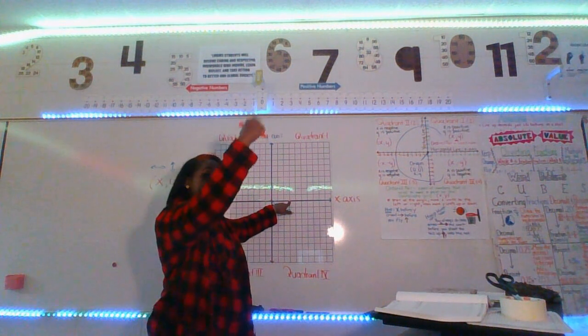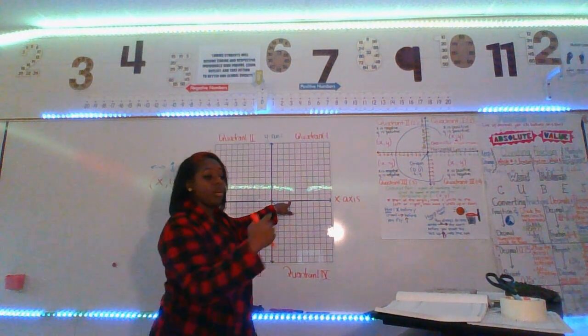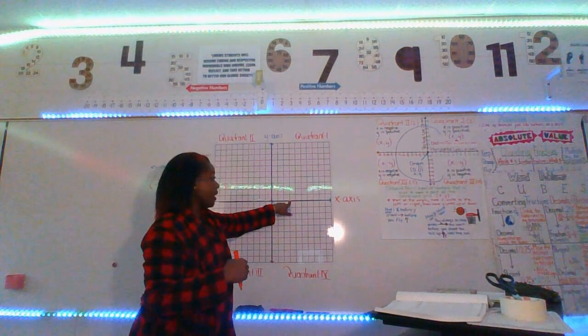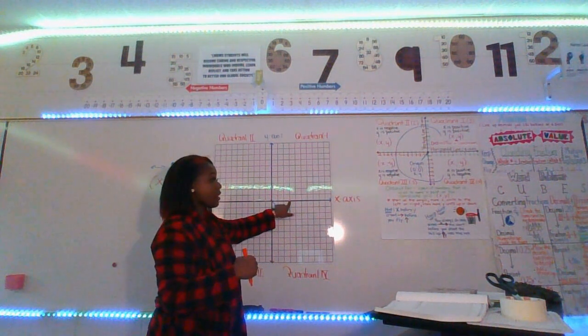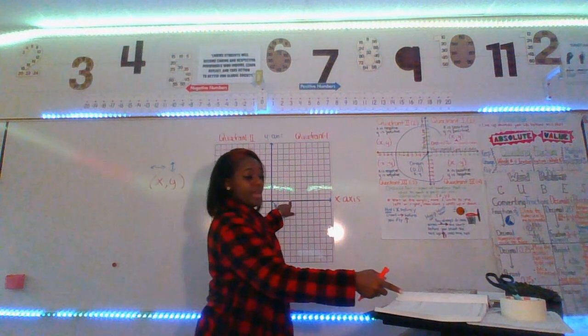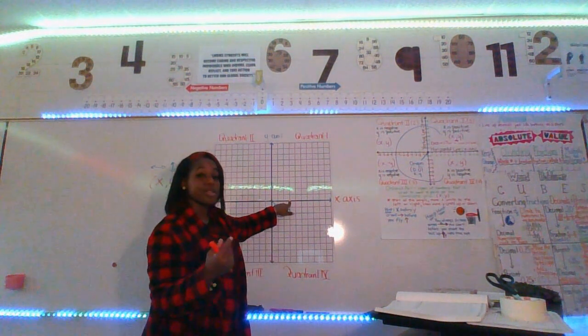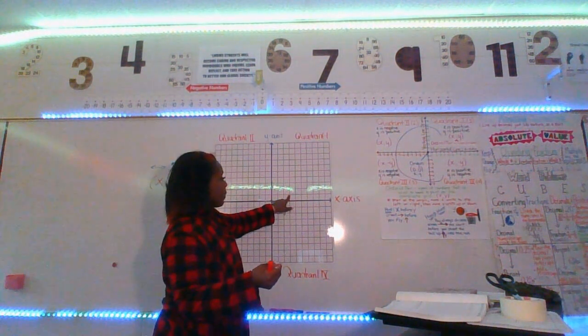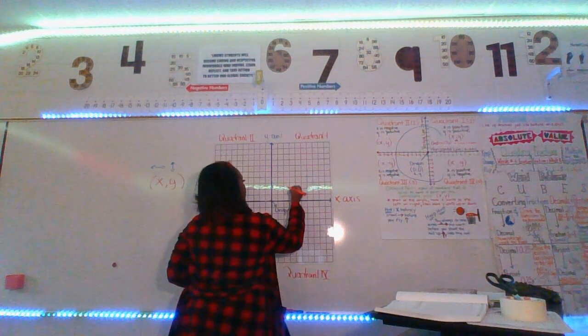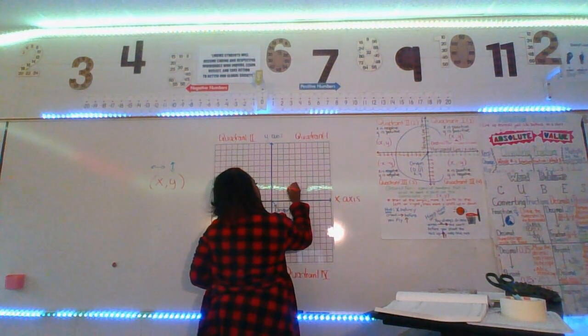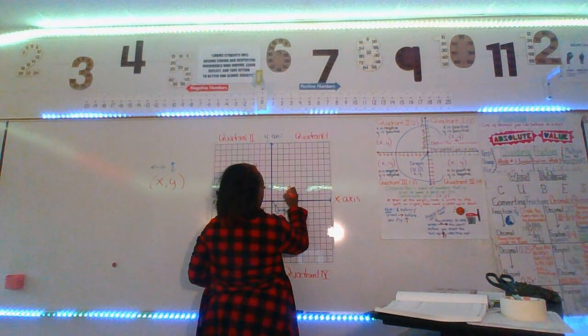The next direction is up or down, depending on if the number is positive or negative. So I've walked 3 spaces over, and now I look at the second number of that ordered pair, and the second number is 2. So I go up 2 spaces, 1, 2. Then I can put a dot there, and I would label it 3, 2.